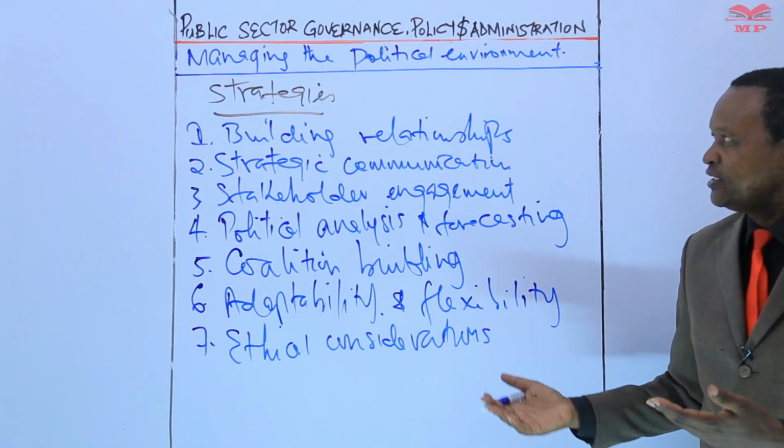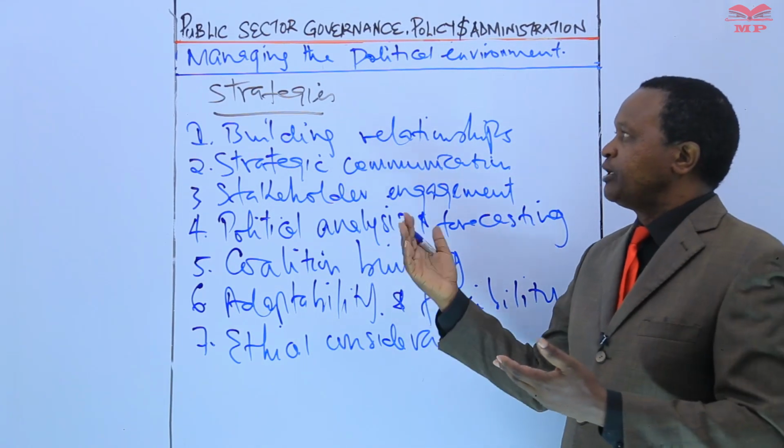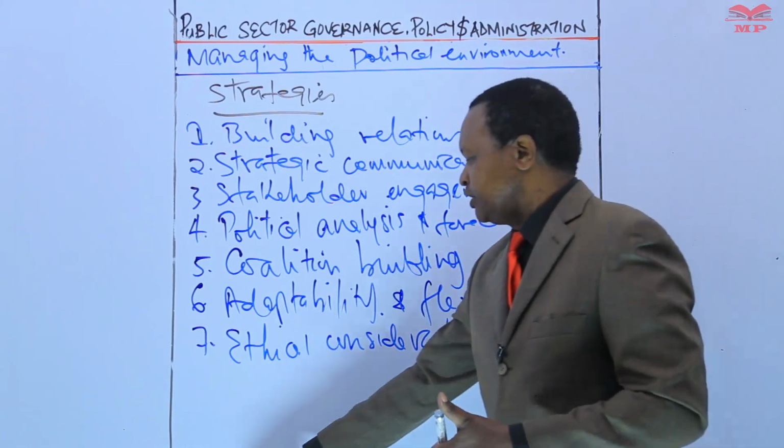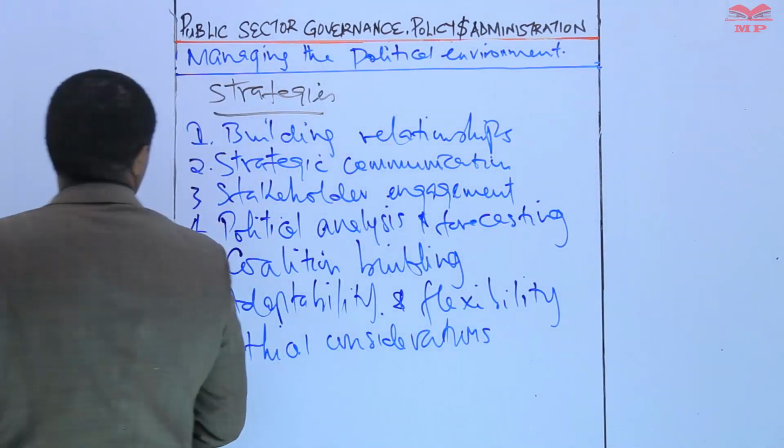So these are 7 strategies that public administrators can use to manage the political environment.